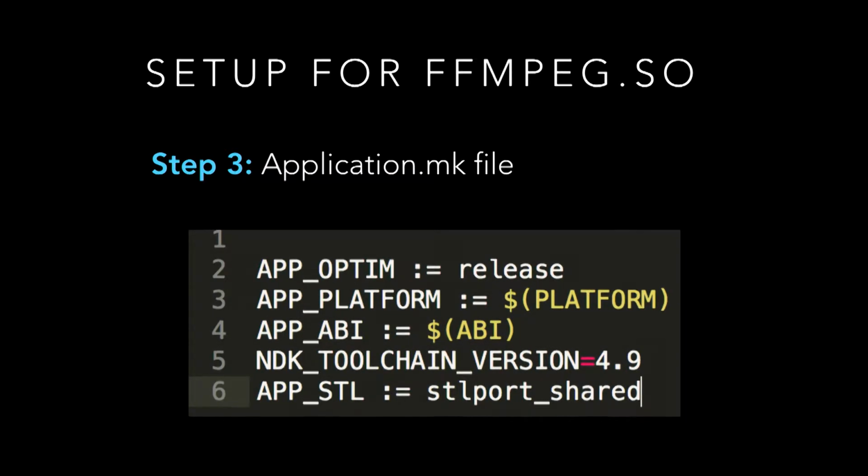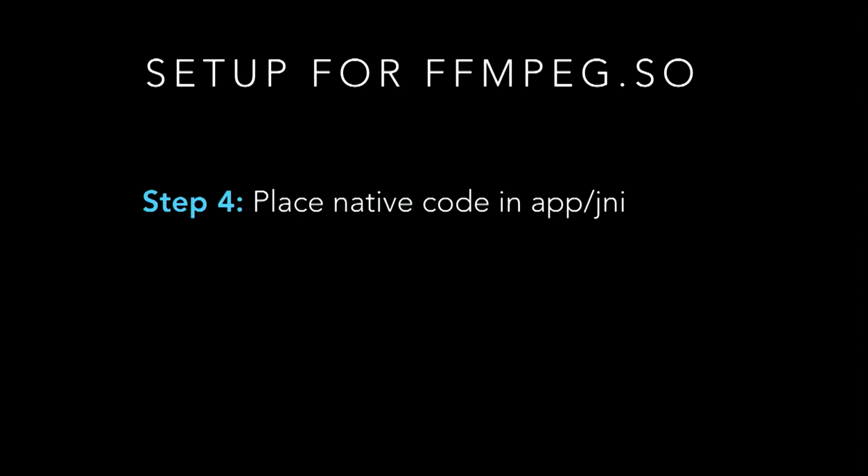And the last step is to place your C or C++ wrapper classes in your app's JNI folder. The other thing I forgot to mention is you have to also place the Android.mk and Application.mk files in the same folder. And then you run ndk-build.